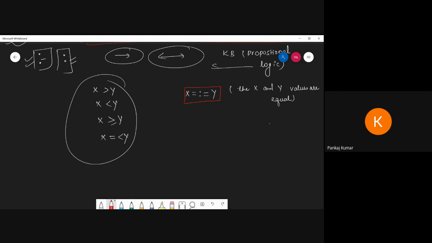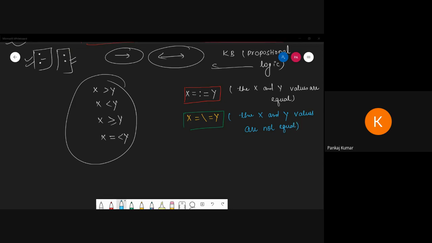Now, similarly, suppose I am writing x =\= y, division by y. What is the meaning of that? Inside that, the x and y values are not equal.